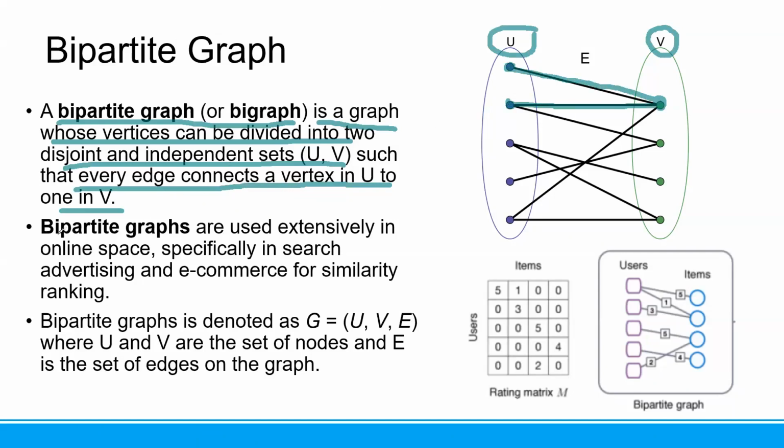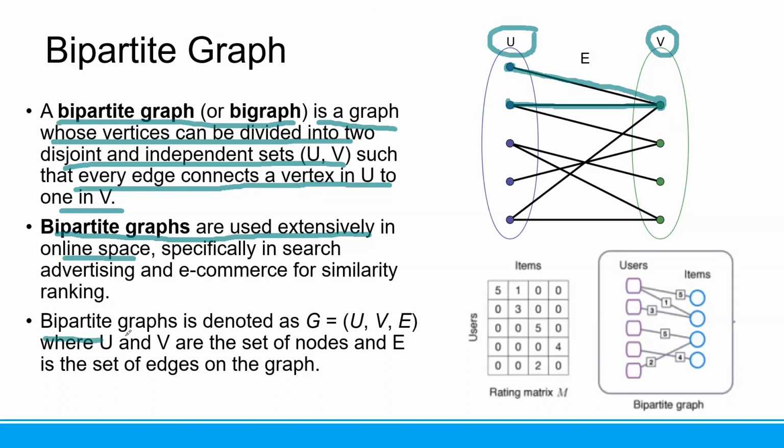Bipartite graphs are used extensively in online space. So you are now in the environment of online shopping, online advertising, e-commerce, and so on. So this is one of the applications if you are dealing with this kind of environment.